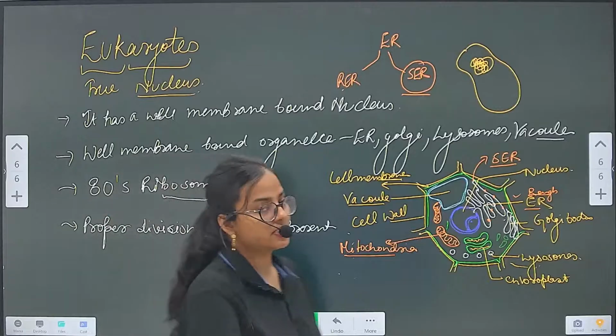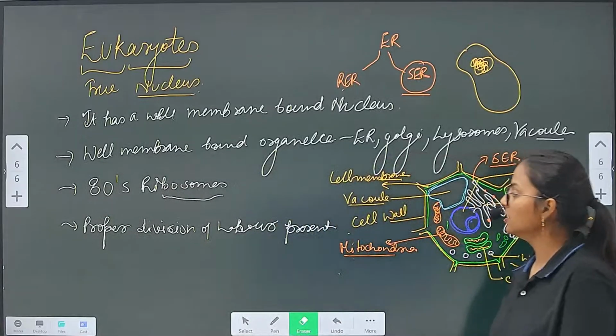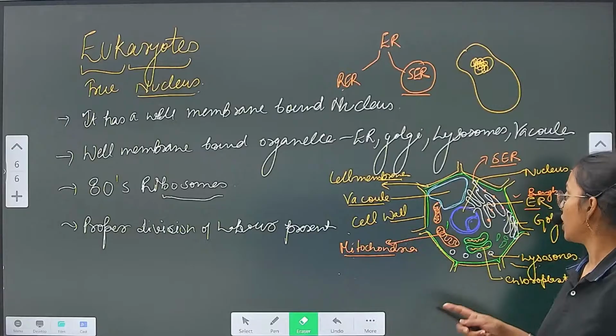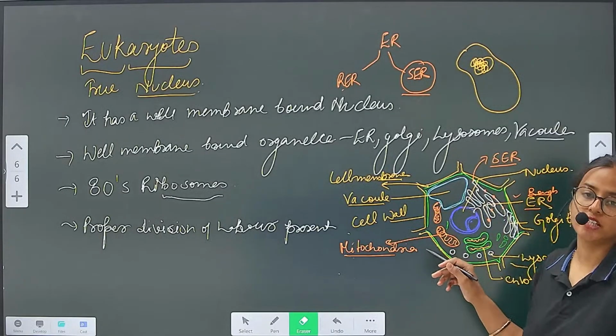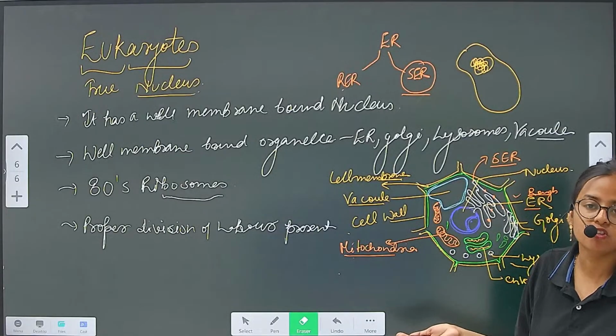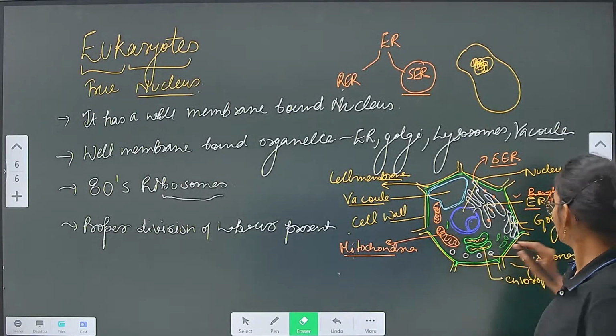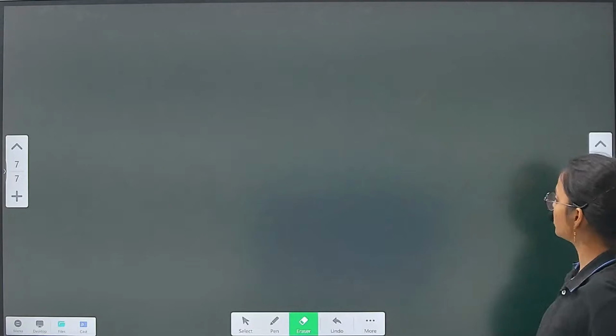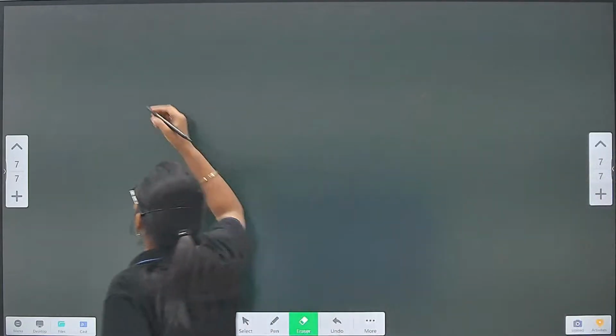Proper division of labor is seen here in case of the eukaryotic system. Now we will start with the outermost covering, that is the cell membrane in case of animal cells and cell wall in case of plant cells. So let us start with the outermost covering.